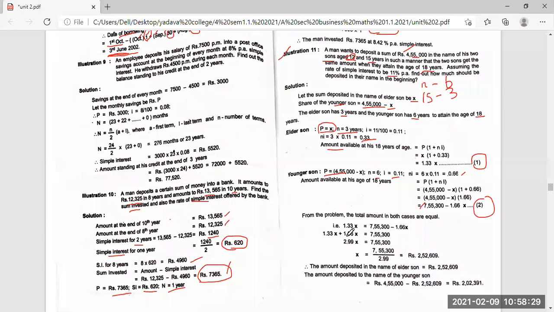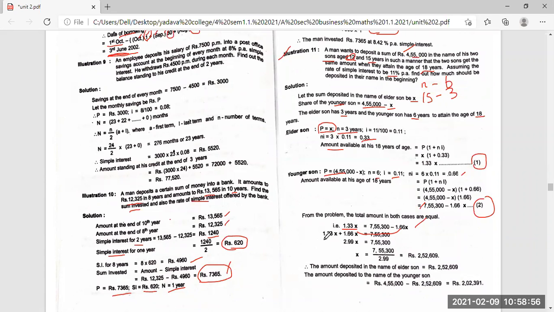So just we are doing it, that is here 1.33x is equal to 7. We have found it. So this one, just put it in this and make all the x together. When we are taking this here, it is converted into plus. 1.33x. When we are moving to this side, this minus is converted to plus.